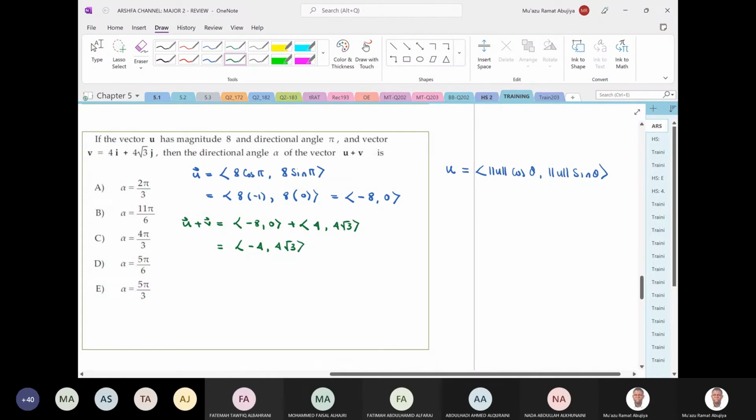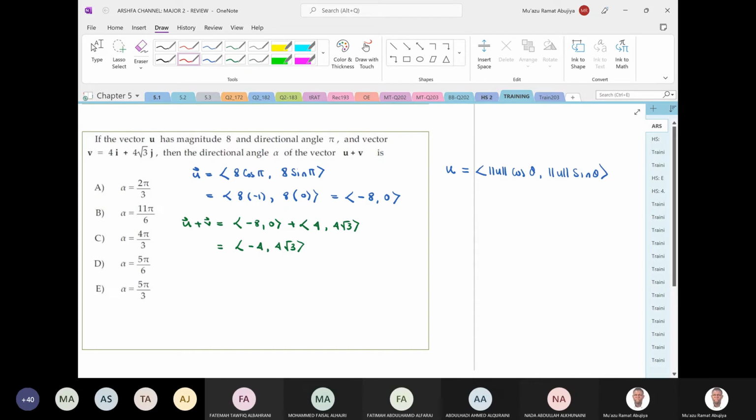Now, we are given the vector u plus v. What do we do next? We want to find the direction of this vector. How can I find the direction of the vector? I need to know which quadrant we are dealing with. How do we know the quadrant?